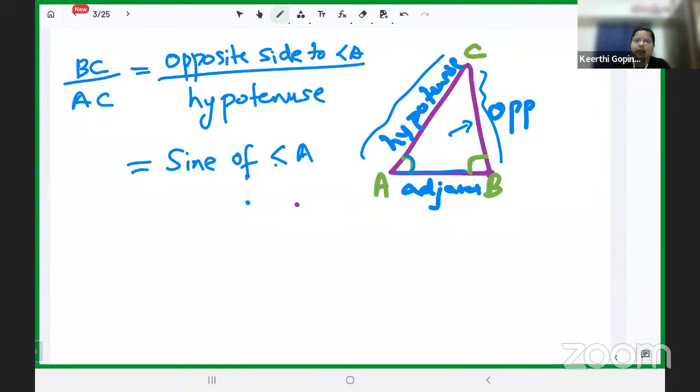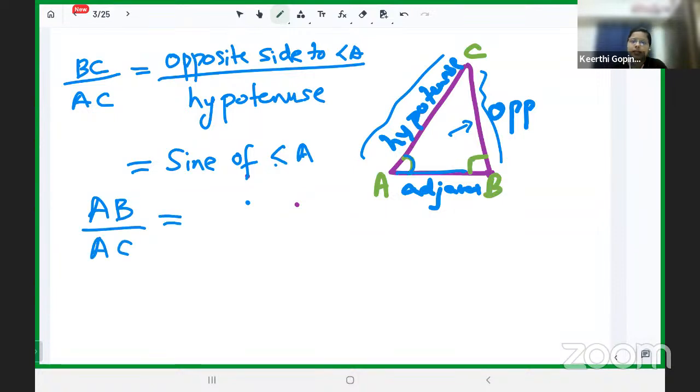Now we are going to define another ratio. I'm going to take another two sides of the triangle. Here I took the opposite side and the hypotenuse. Now I'm going to take the adjacent side and hypotenuse. From the figure, I'm going to take AB by AC.